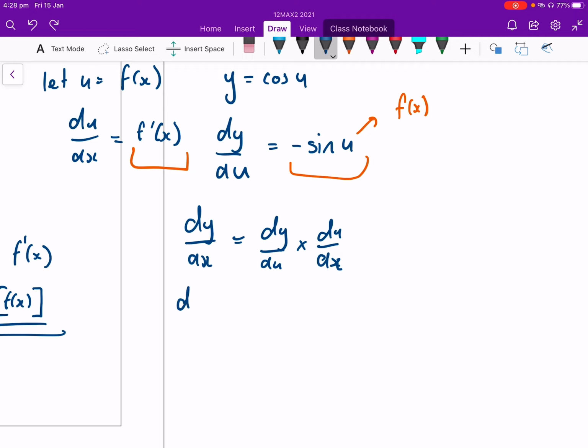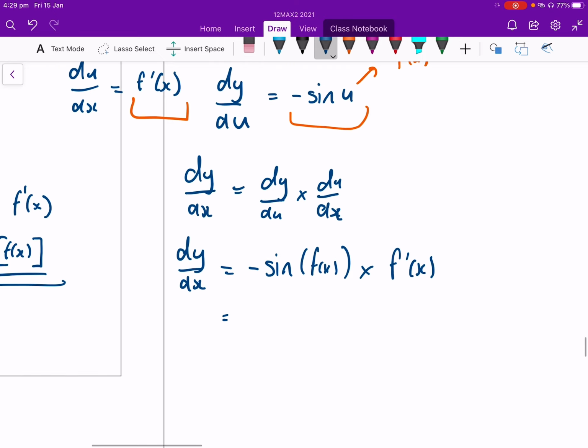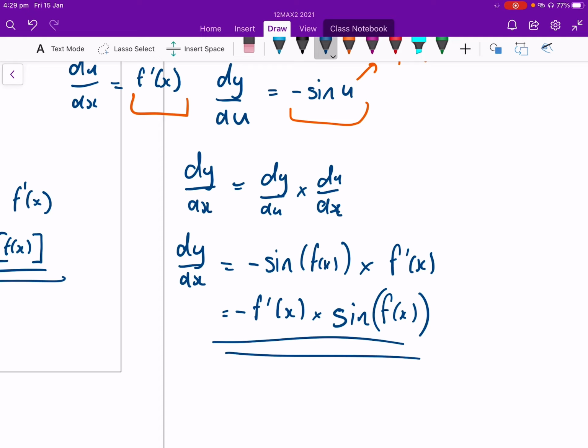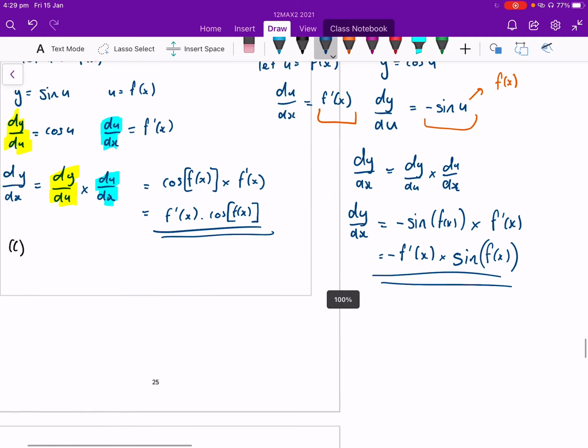So for this one, dy/dx is equal to, we said dy/du was negative sine u, multiplied by the first derivative of the function, and then writing it in the way that they asked us to, I'm just going to write the minus sign out there, sine function of x. There we go.